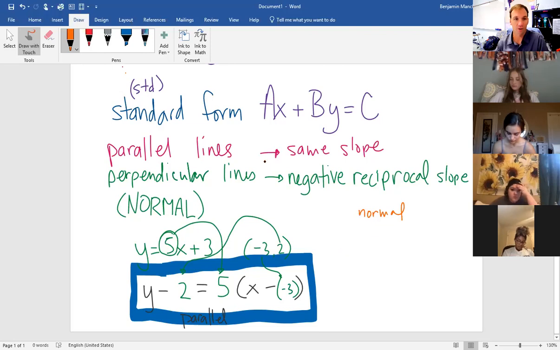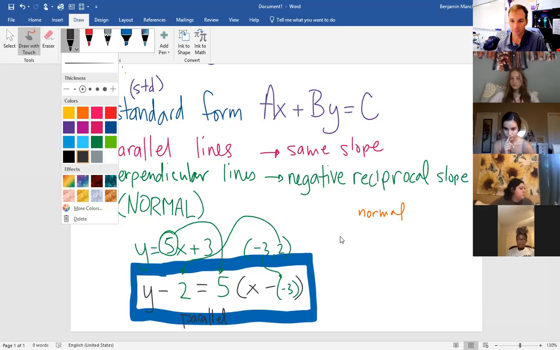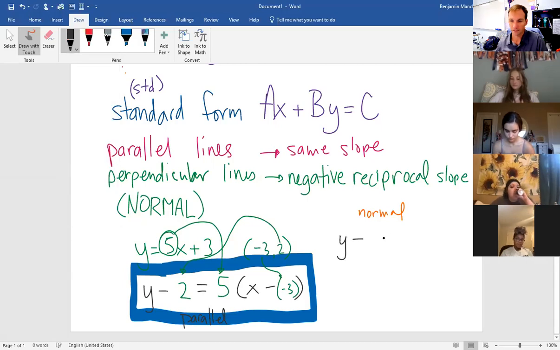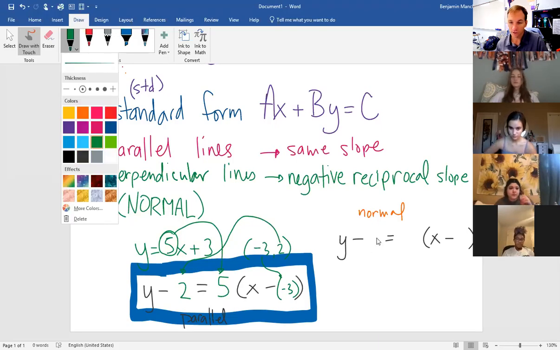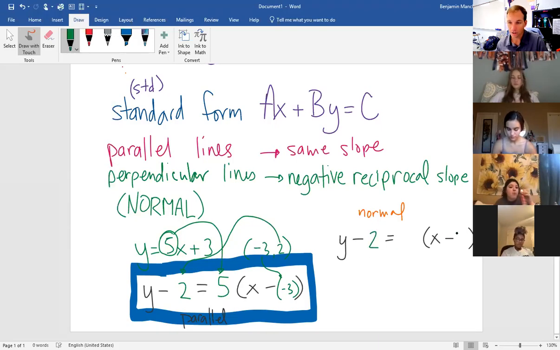So we have our general form, right, with our y minuses. So we put this in here. Y minus something equals something times x minus something else. Now the beautiful thing is that your point, negative 3, 2, doesn't change. So the 2 still goes here and the -3 still goes there.